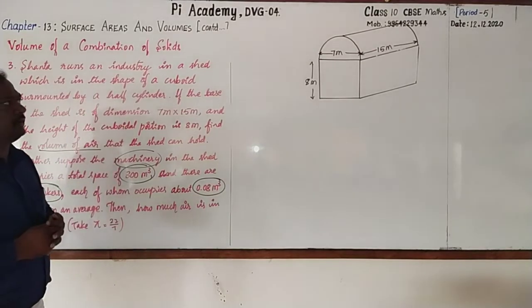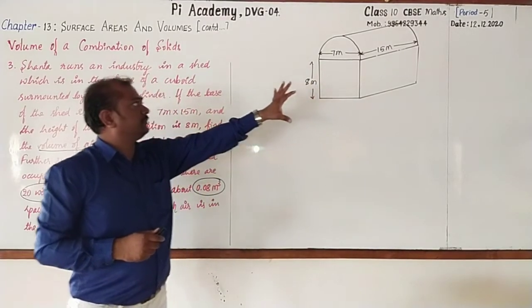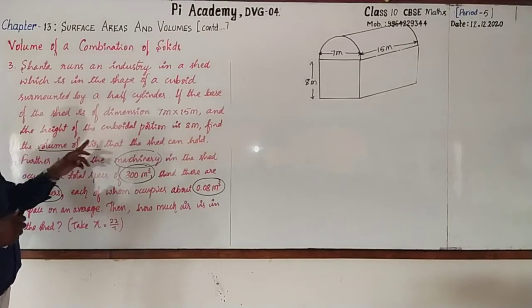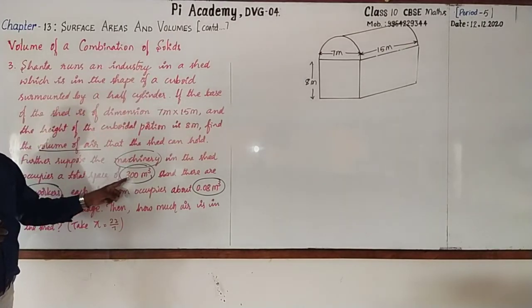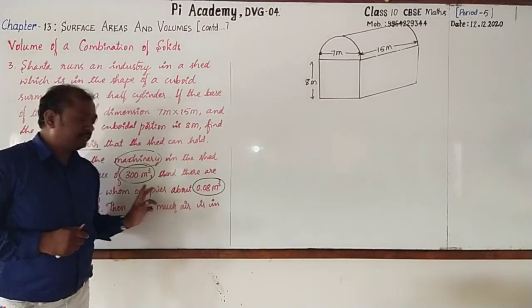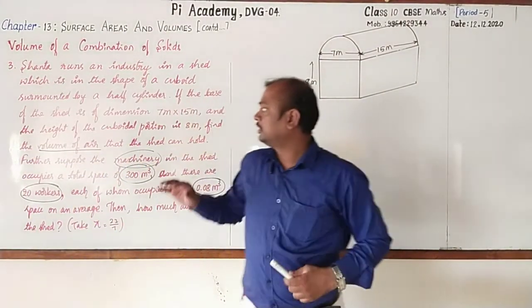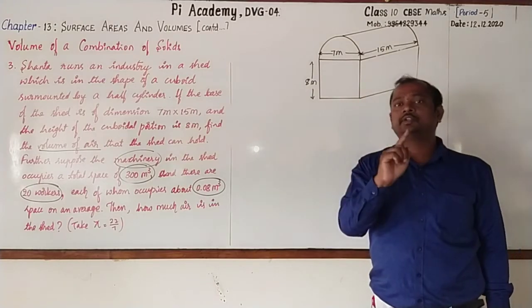It's very simple. So after finding the volume of that shed, from that we have to subtract the volume of machines and the volume of 20 workers. Followed? Please go for copying the statement and draw the figure. Try to write the data yourself.